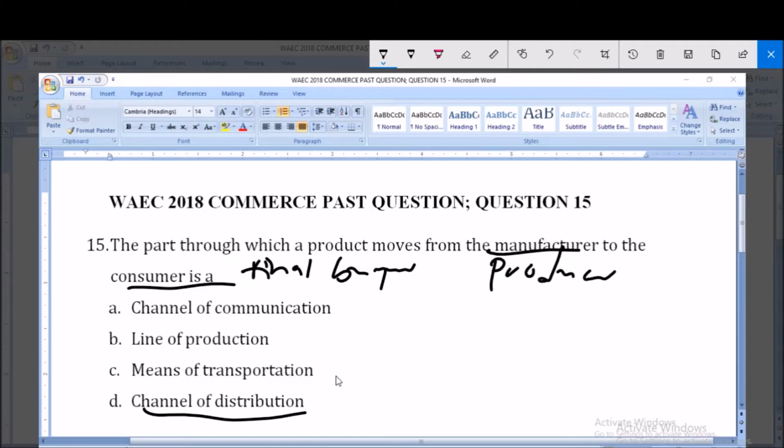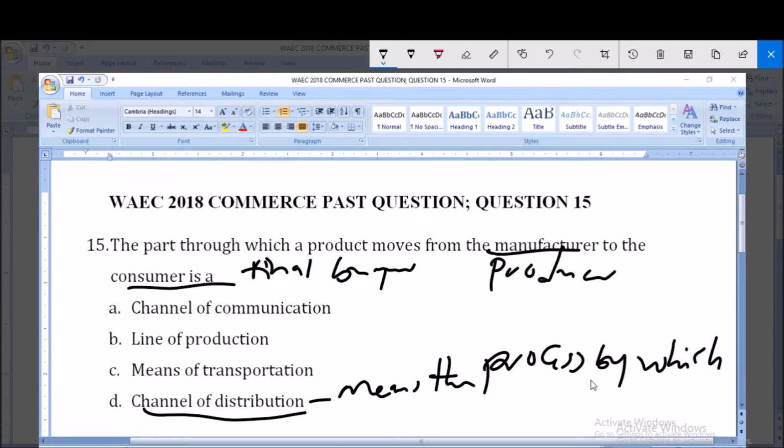So when we talk of channel of distribution, it simply means the process by which finished goods get to the consumers, and it can also involve what we refer to as middlemen.